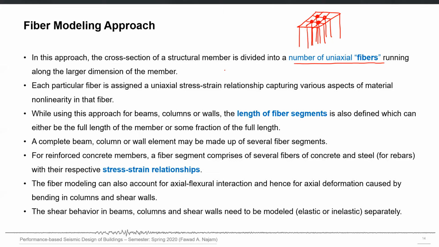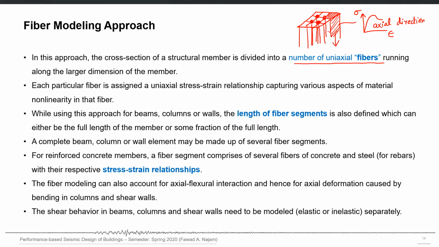So we divide our cross section into a number of uniaxial fibers. Why uniaxial? Because, for example, this whole fiber running along the length will be given a stress strain behavior, sigma versus epsilon, in the axial direction only. Sometimes I say, consider the cross section as a bundle of spaghetti, and each spaghetti is one fiber, a uniaxial fiber.